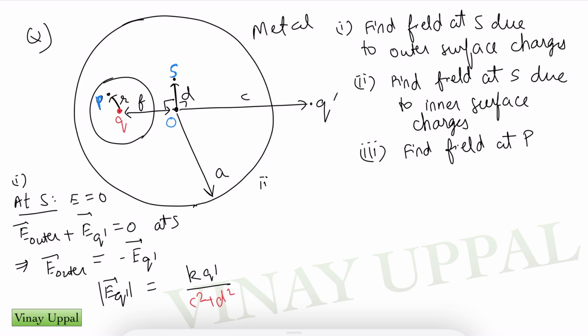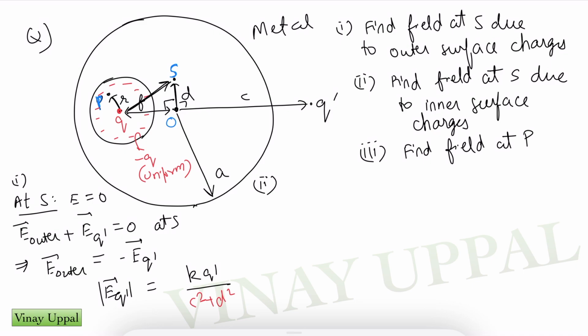Similarly, for the second part, it is the same logic. The field produced by the inner surface charges. So we'll have minus Q induced on the inner surface, and that distribution will be uniform because the charge Q is placed at the center of the spherical cavity. So here you can actually calculate the field due to the inner surface at S directly, because it is going to behave like a uniformly charged hollow sphere.